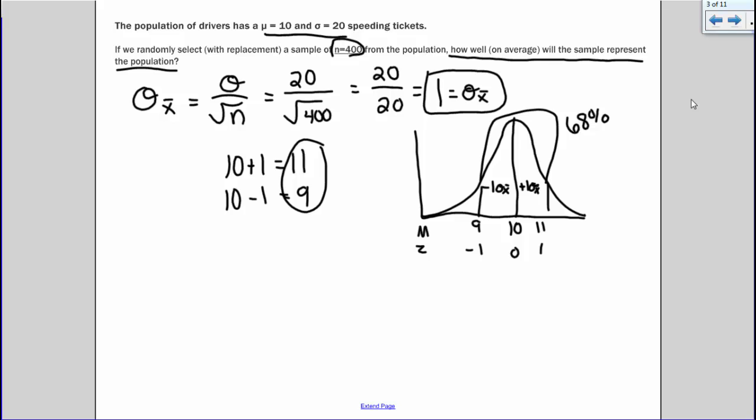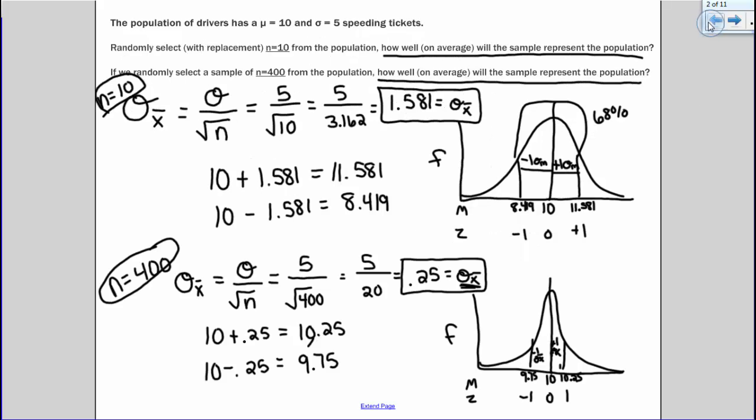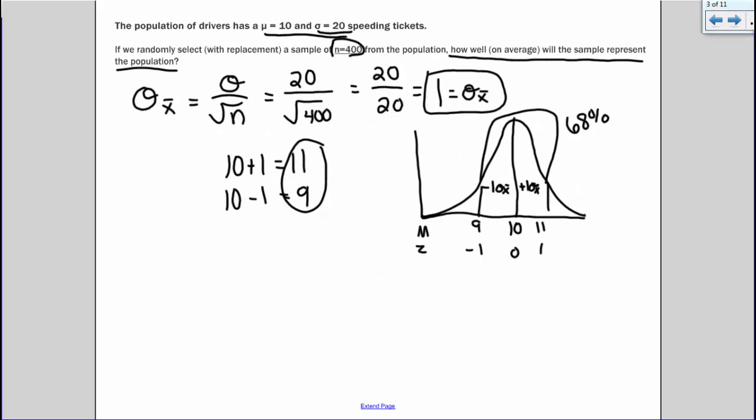Now check this out. The standard error here is much larger than the standard error here. And the only difference is the standard deviation for the population. So when you have a larger standard deviation for the population, you have a larger standard error.